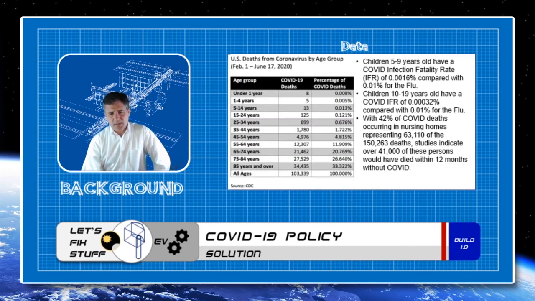So let's look at who COVID-19 most impacts. If you break it out by age, here's what we see: most of the deaths that occur for COVID-19 occur in individuals that are 55 years or older.